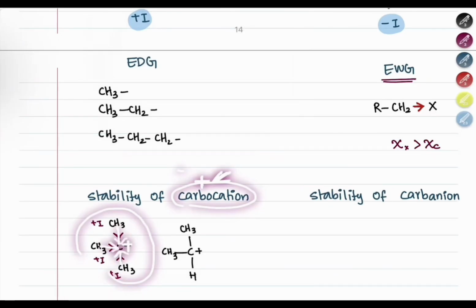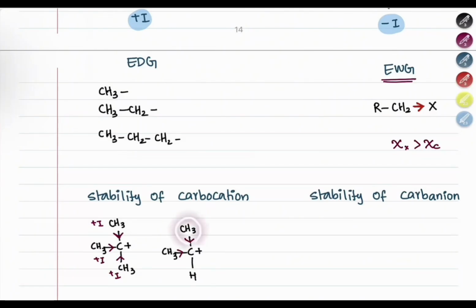So this positive charge is getting reduced. In the second molecule, here also we have a carbocation. Here there are 2 methyl groups which will give their electron density due to the plus I effect, and the direction will be like this. But compared to the first molecule, there are only 2 methyl groups. In the first molecule, there are 3 methyl groups. So the stability of the carbocation will be higher in the first case compared to the second case.